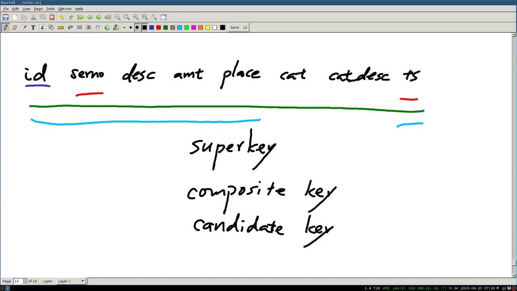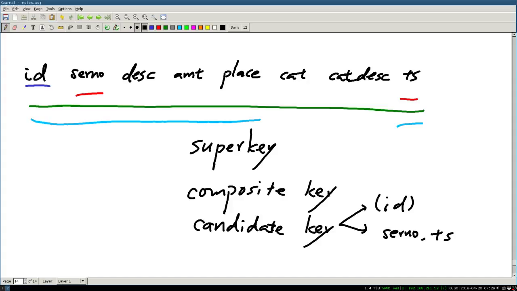One is a single value candidate key, ID, and the other is the composite key, serial number and timestamp. So remember, candidate key, you may think that it's a required set of attributes that can be used as a key.